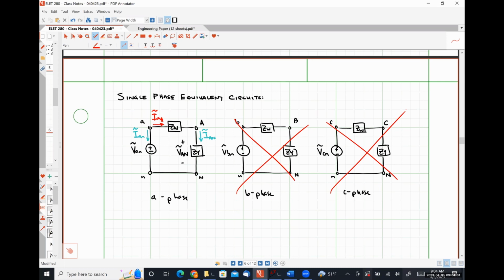All right, so I'm going to pass around the in-class assignment, and we're going to work it together so I can explain to you how and why to solve these.